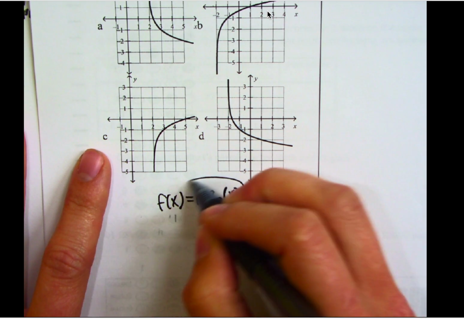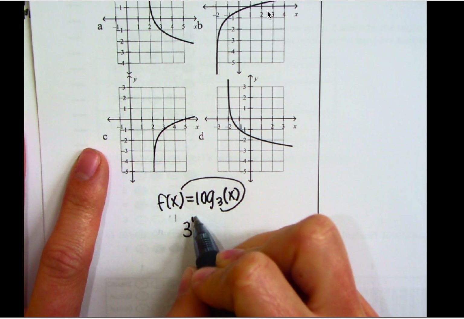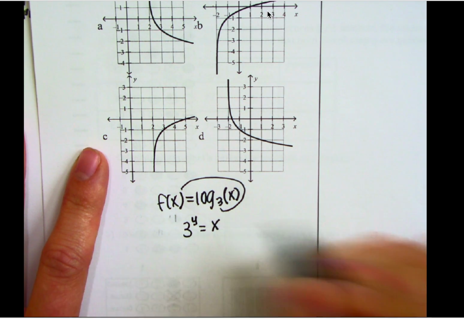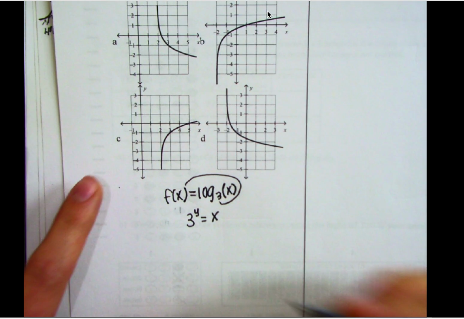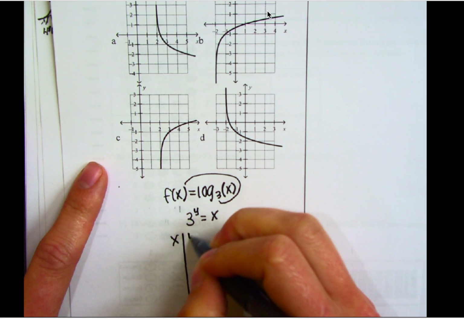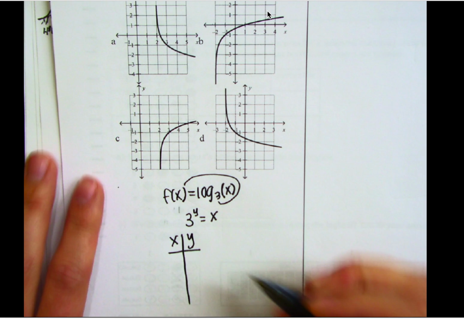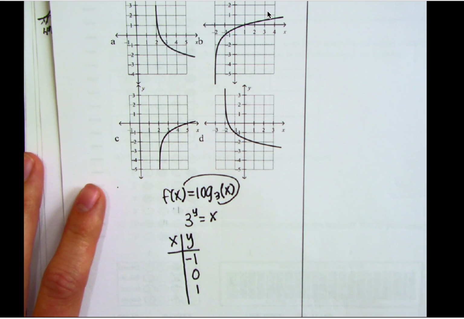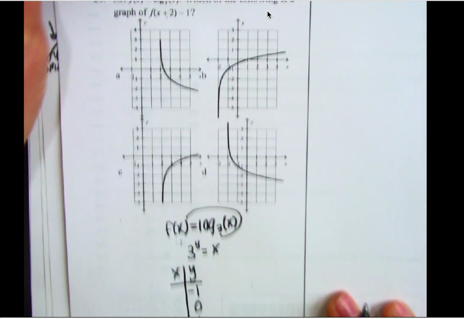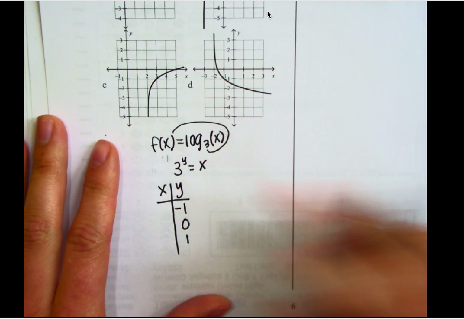We have our snail method, and we're going to rewrite this as 3 to the y power is equal to x. So I'm going to create my table, x and y, and when I do that, I'm always going to pick negative 1, 0, and 1 for my y values. And when I do that, I'm going to plug that into this equation right here.